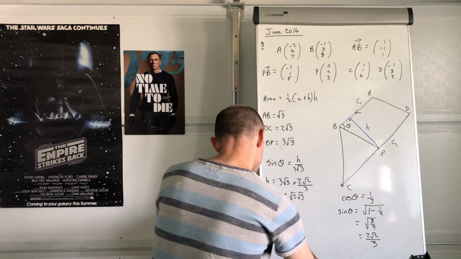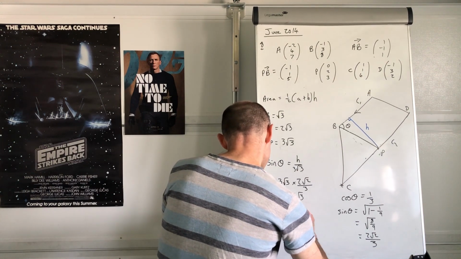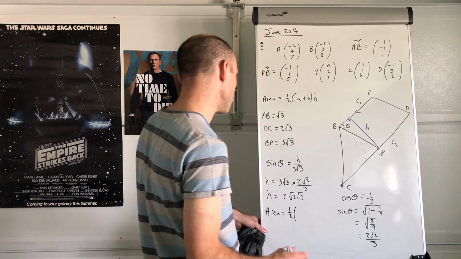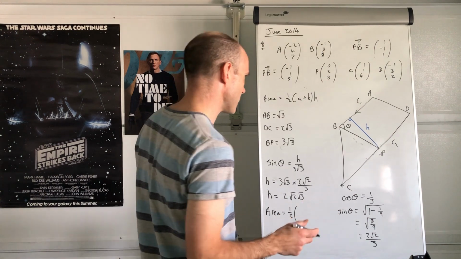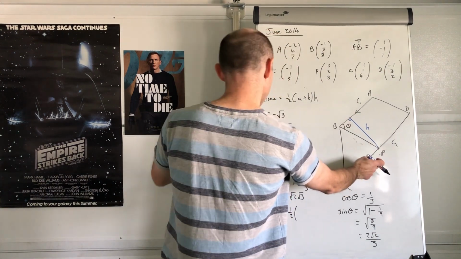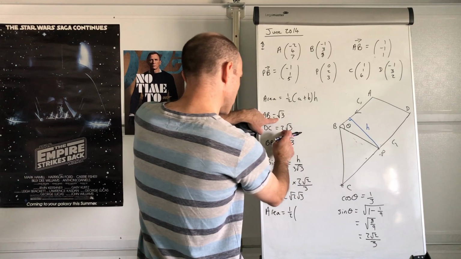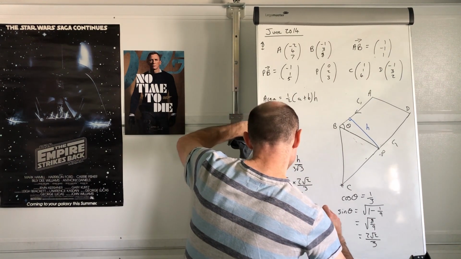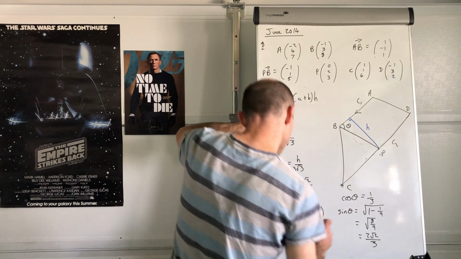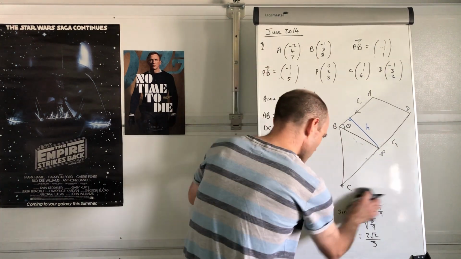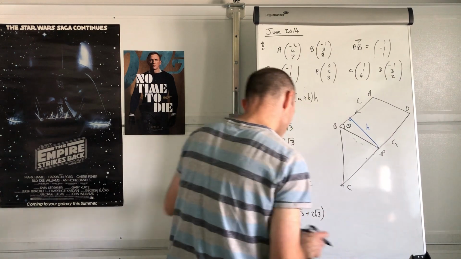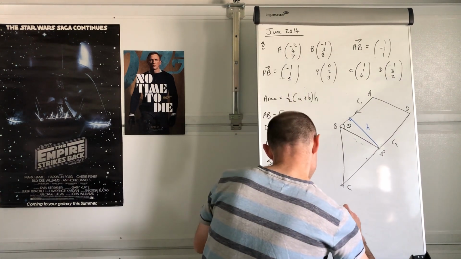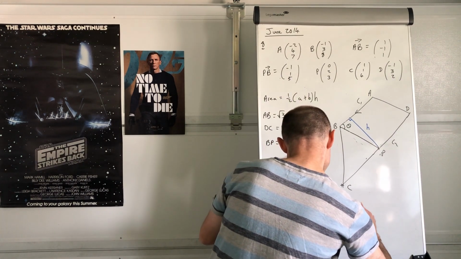Right, let's give it a go then. Let's work out the area. So 1/2 (a plus b), that and that, wasn't it? So that plus that. Let's write it down. Root 3 plus 2 root 3 multiplied by h. And we've got h as 2 root 2 root 3.